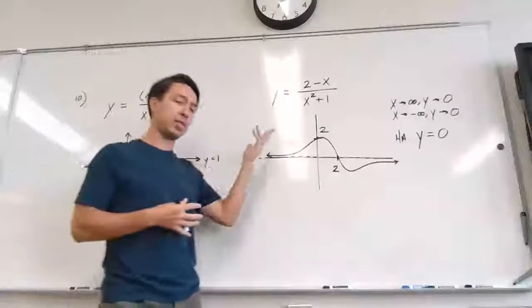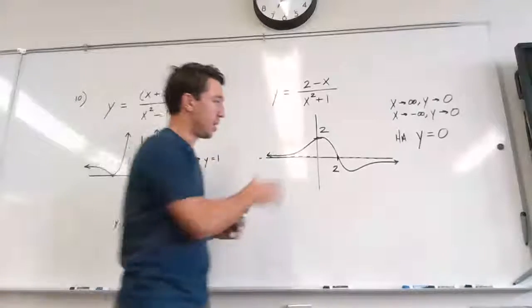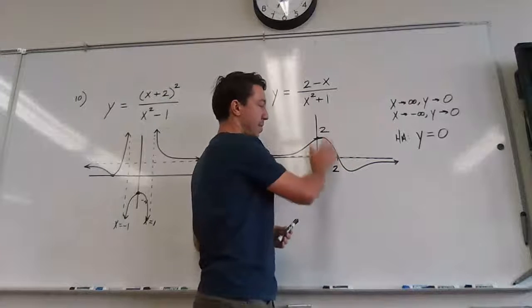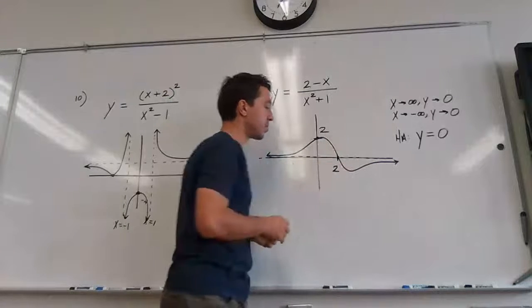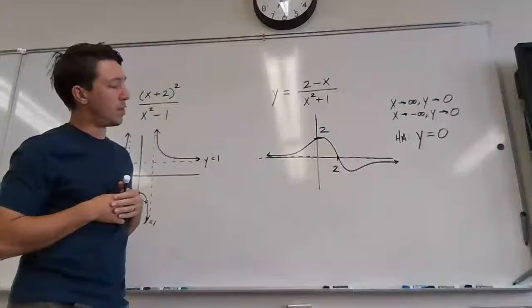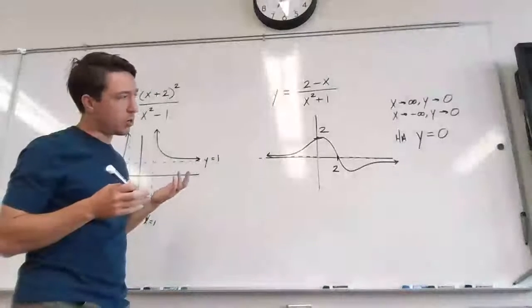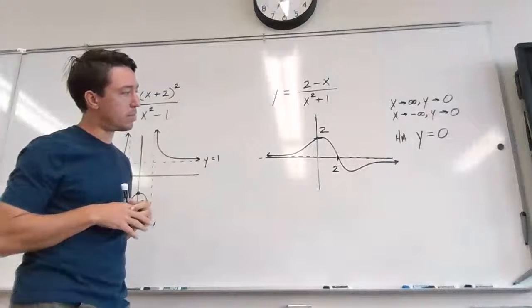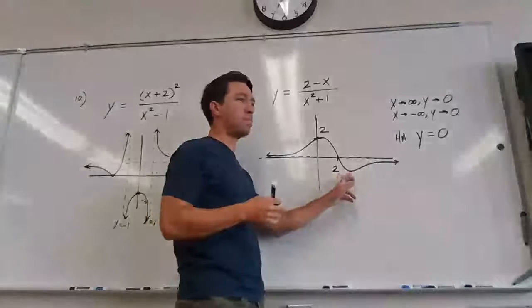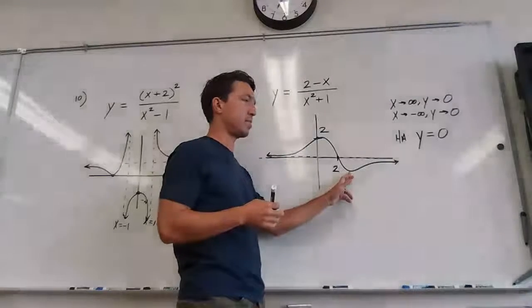Again, if you punch this into Desmos, it might look a little different. A lot of times they're really flat here. So sometimes, when we're drawing it freehand, we might exaggerate the size of the humps. One thing we'll do in this class is show how you could find the minimum, like what x and y value that is.